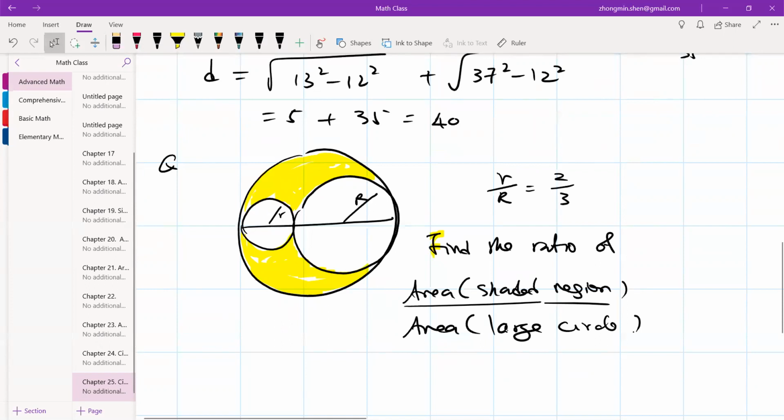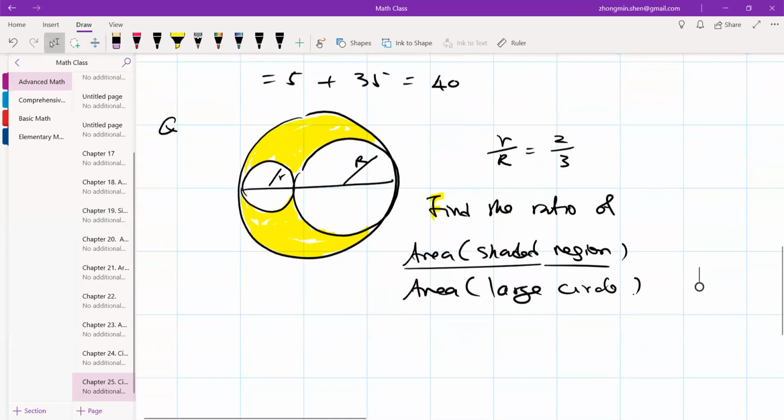So what proportion, what fraction of the largest circle is shaded? Okay, so this is the center of the circle.